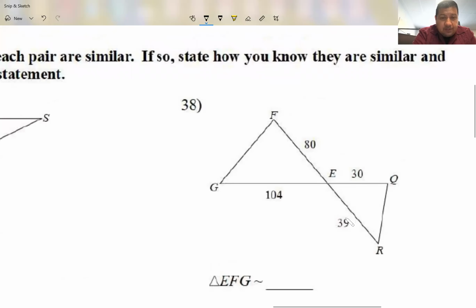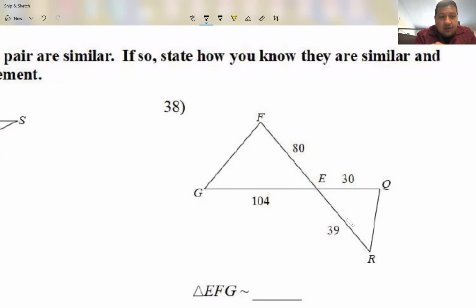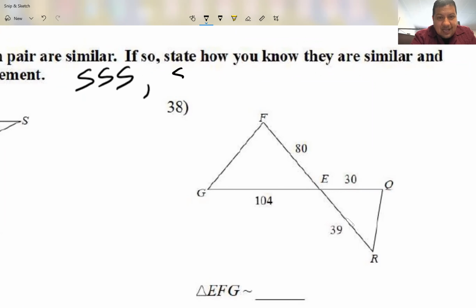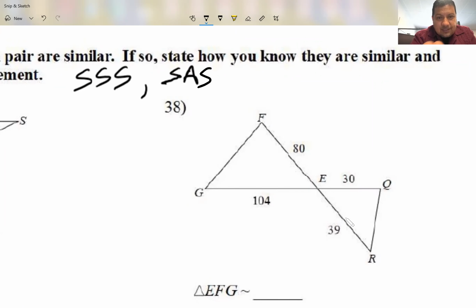One of the rules that we use is side, side, side. That one, if you guys remember from congruency, side, side, side, I'm going to be using all 3 sides of the triangle. Another rule that we're going to be using is side, angle, side.